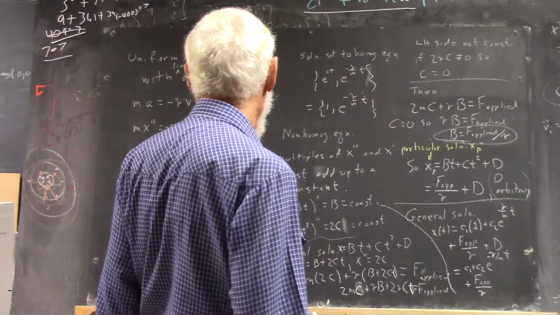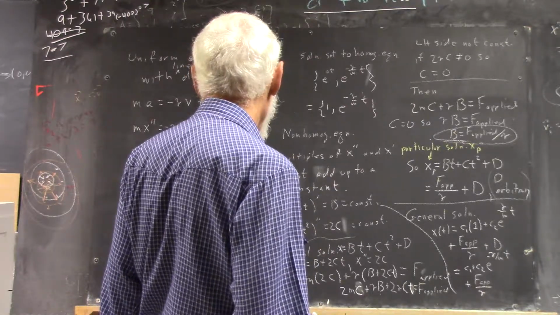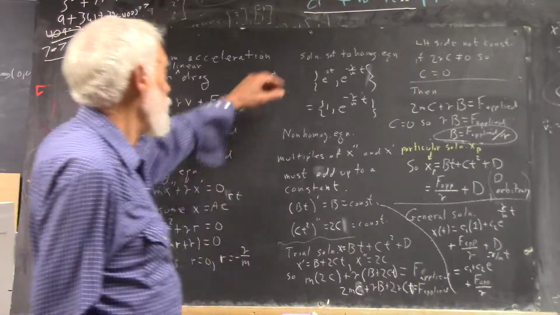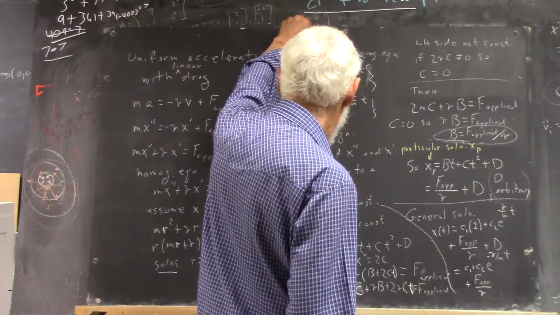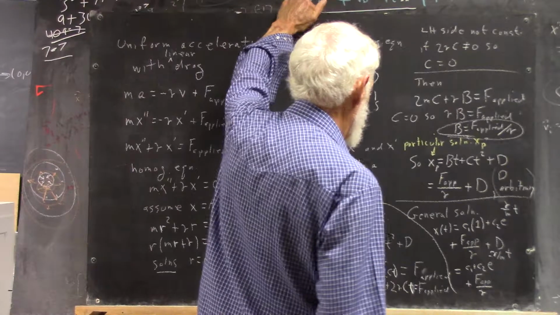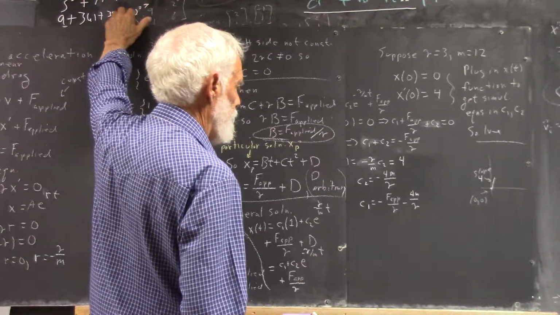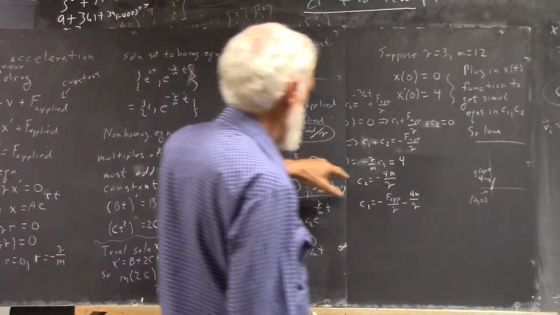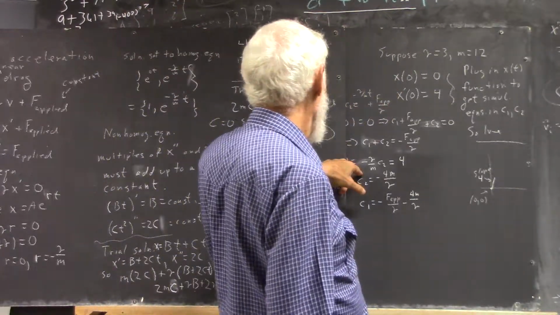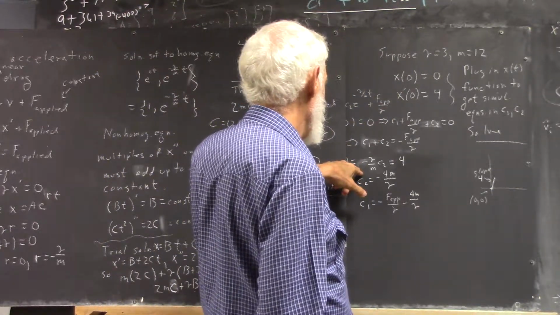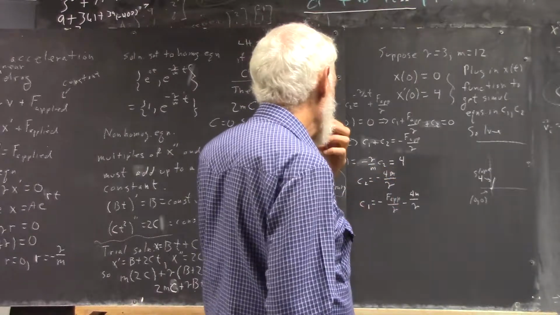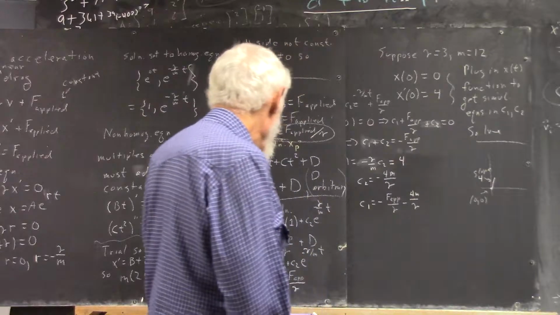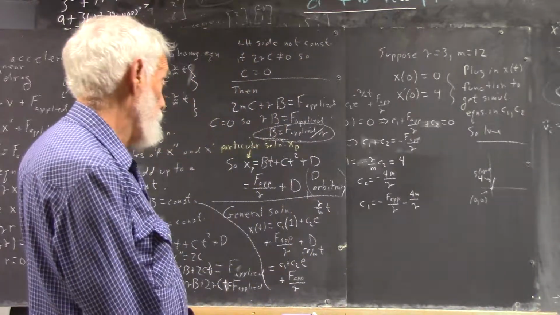The m over gamma thing comes from the gamma over m, and that comes in here, that's where it belongs, so we're still going to get m over gamma. So I think there's a mistake in here somewhere.